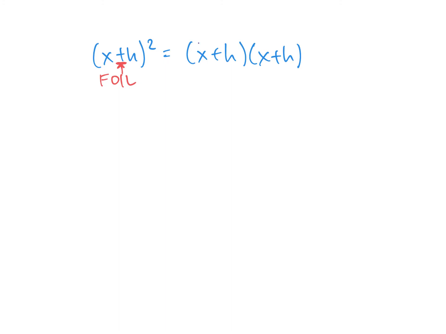When I multiply this x times that x, I get my x squared. When I multiply this x times that h, I get just that, an xh.